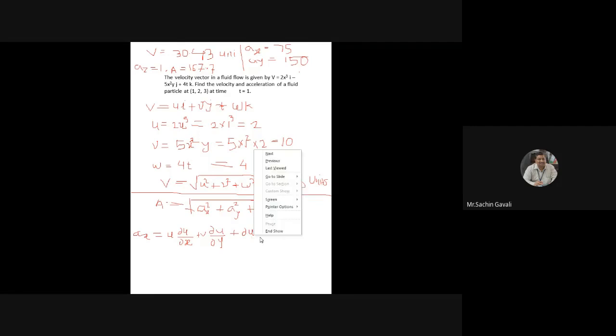Now ax is equal to what? u into dou u by dou x plus v into dou u by dou y plus w into dou u by dou z.